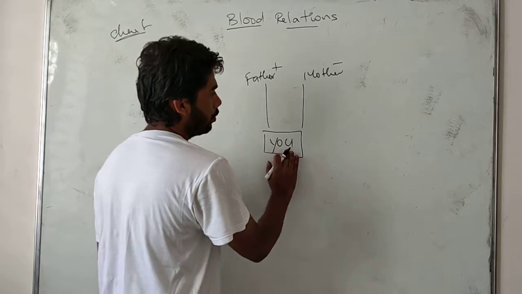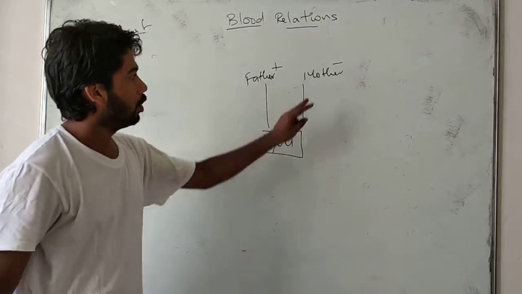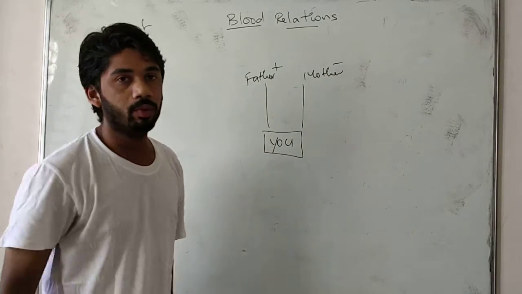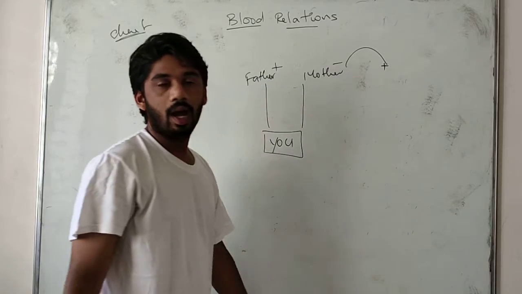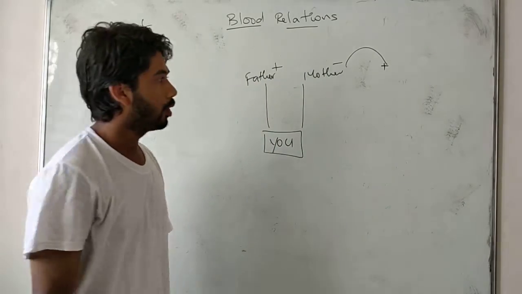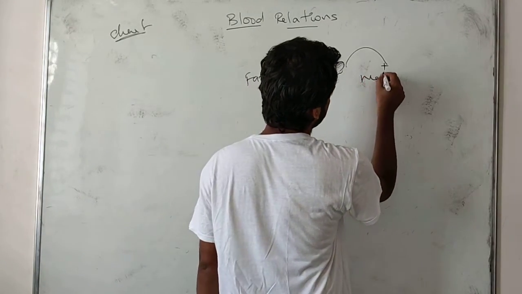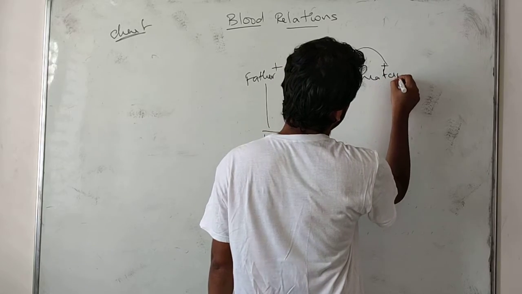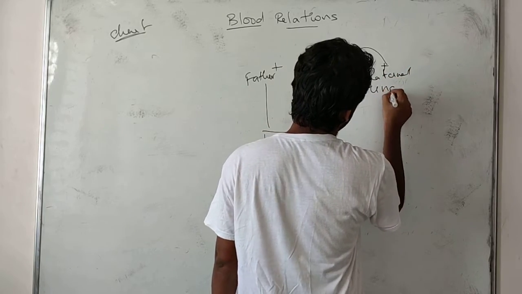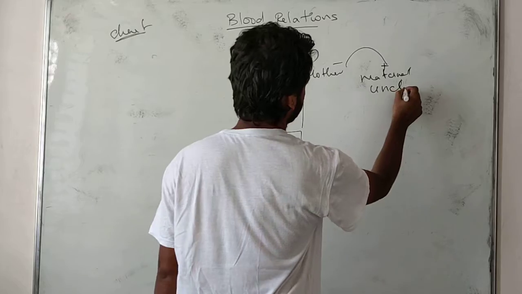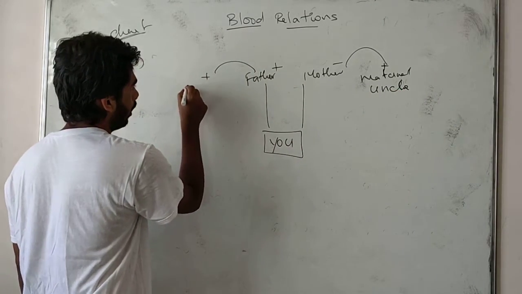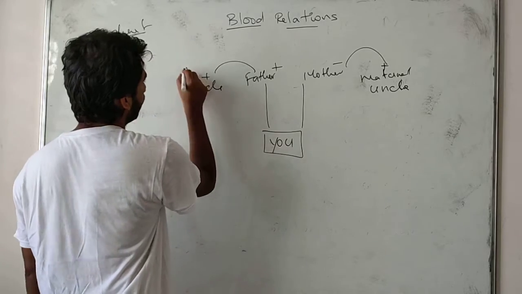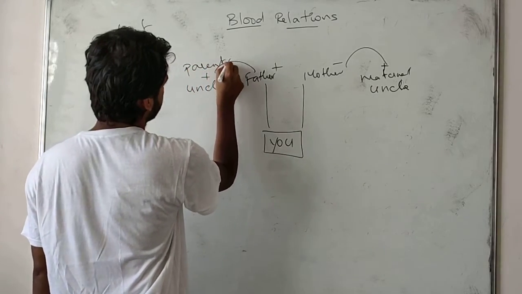Okay, so now you are there, and your mother and father are there. What will you call your mother's brother? We call him maternal uncle. What will you call your father's brother?